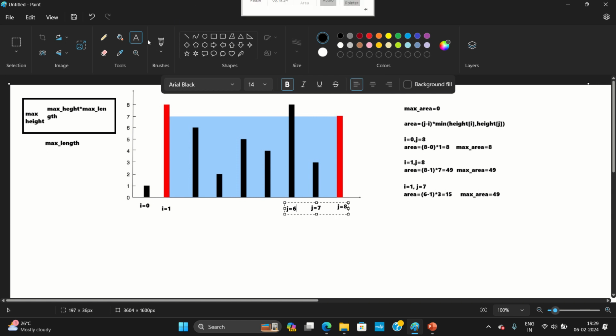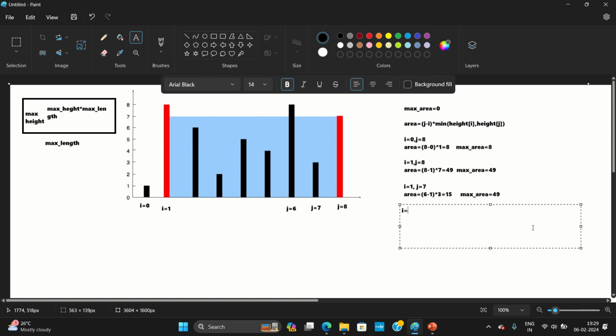Now, among these two, when I is equal to 1 and J is equal to 6, area is equal to 6 minus 1. In the previous case, it was 7 minus 1. 6 into 3, that should have been 18, right? Whatever, it will always be less than 49.